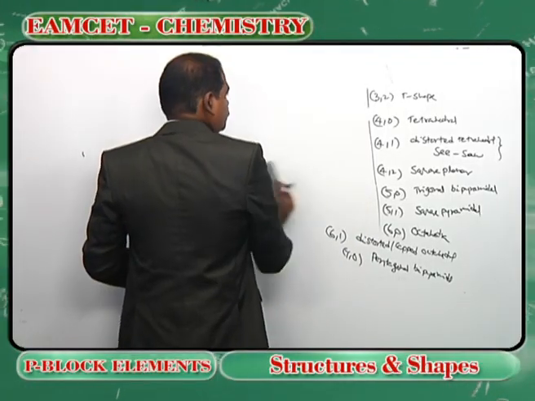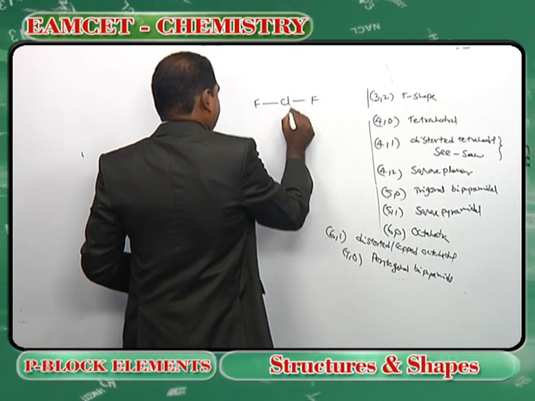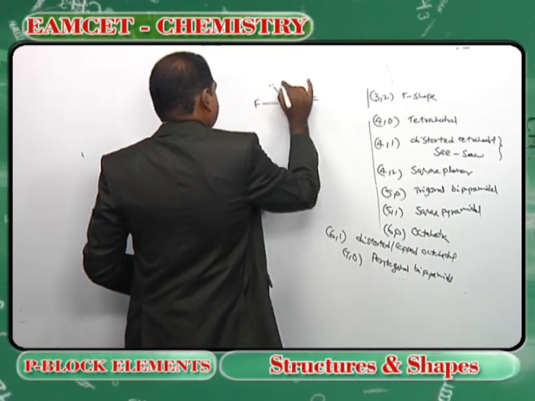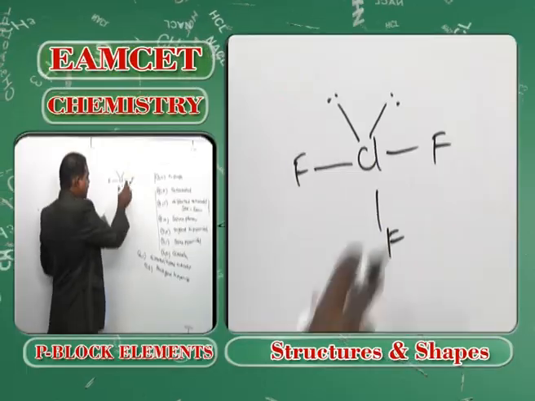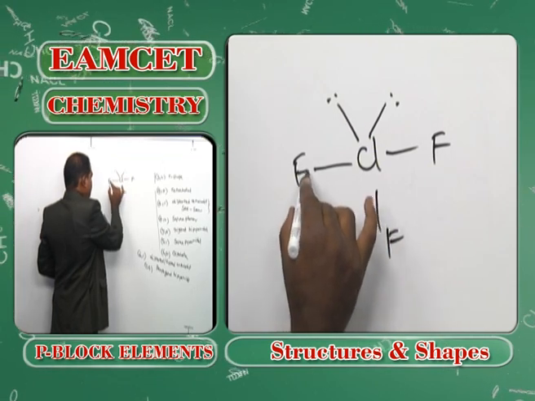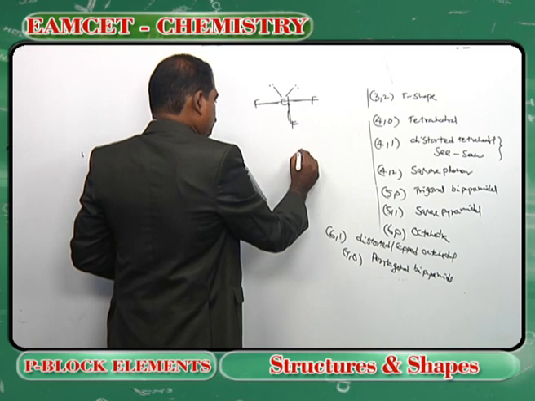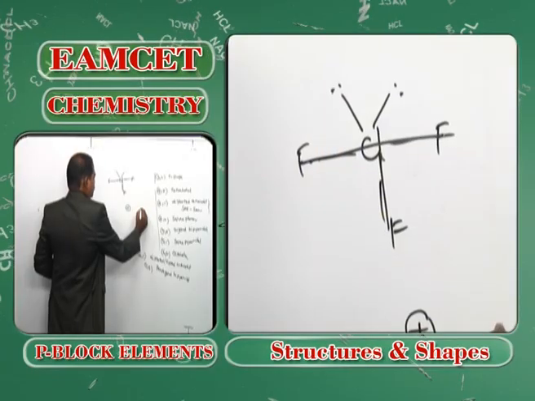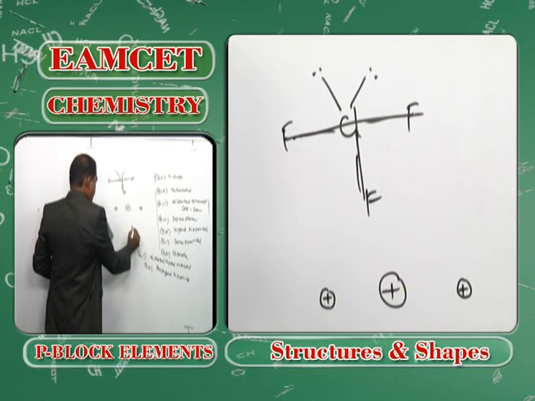3, 2 T shape, ClF3. It is a T shape. Don't worry about the lone pairs. While writing the shape, only these 3 are considered. Only the nucleus, chlorine nucleus, fluorine nucleus, another fluorine's nucleus, another fluorine's nucleus.